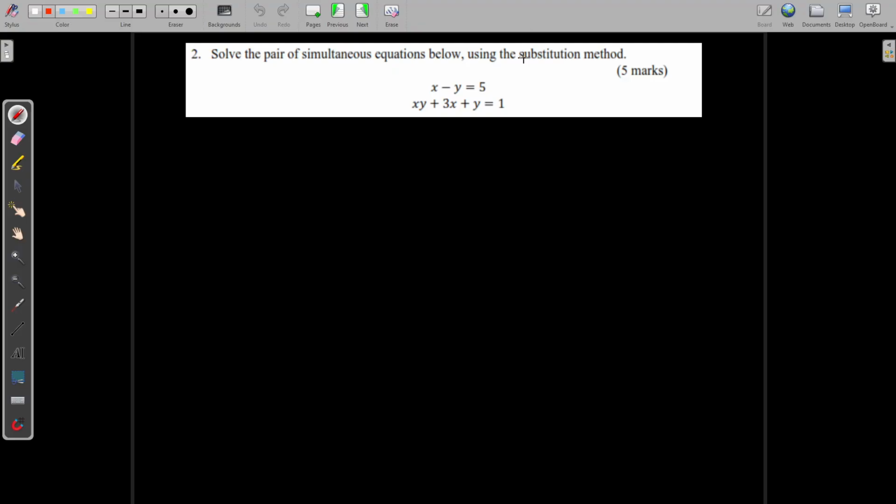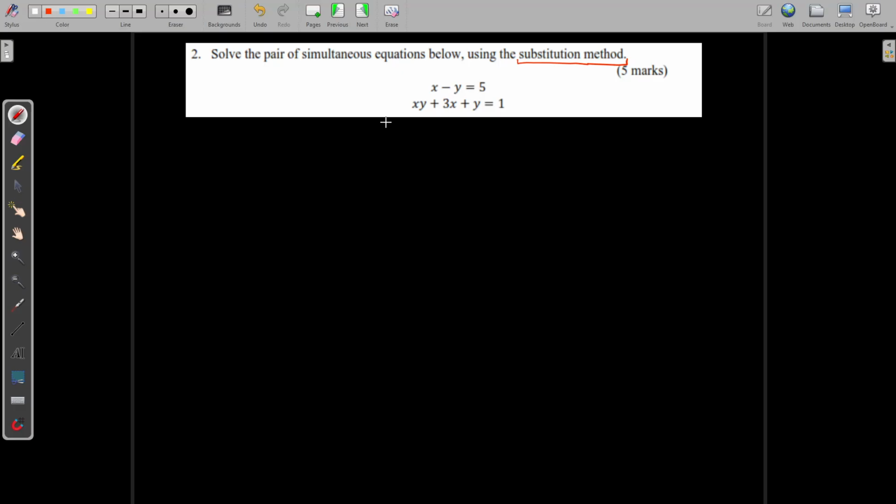And in the question, it specifically stated that we're going to be using the substitution method. We know that the substitution method involves us formulating or rearranging one of the equations to make one of the variables the subject. So we can look at both of these equations to see the complexity of these equations.